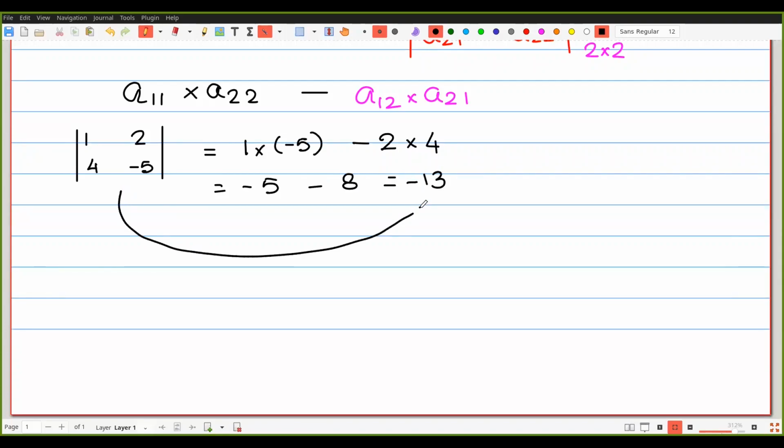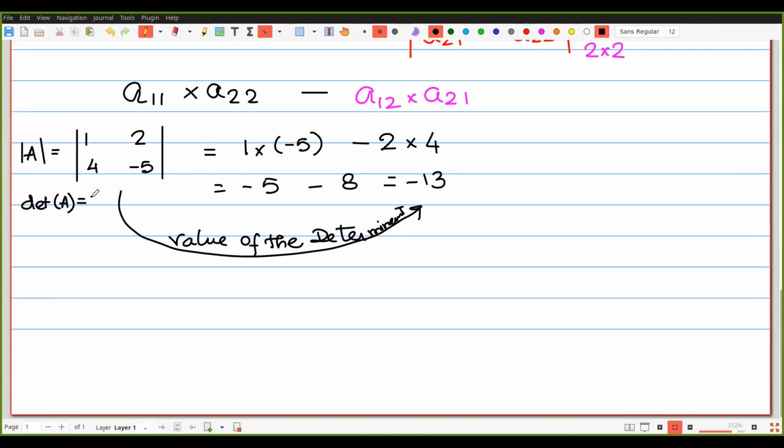That one is the value of the determinant. If we want to name it, we can say determinant of A is equal to that.